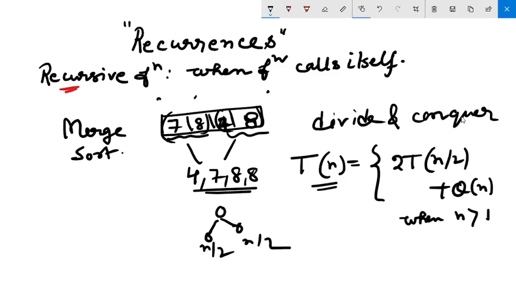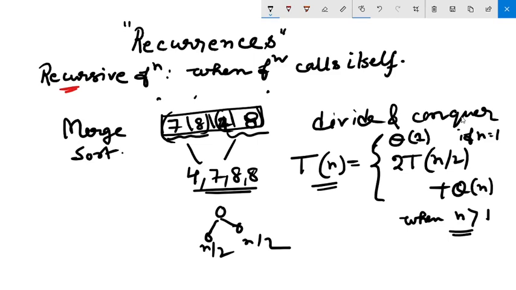As I said, every recurrence relation will also have a terminal point from where it will start returning the value. The terminal point is the trivial case, that means when the number of inputs is small, let us say 1. If n equal to 1, then the time taken by merge sort is theta 1.